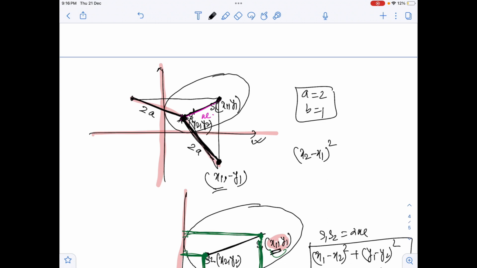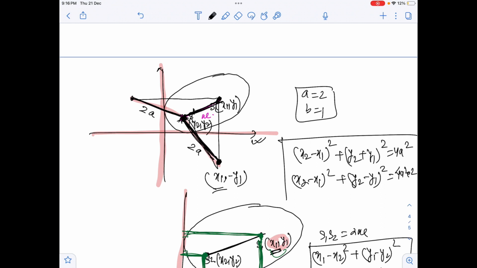What is that? (x2 minus x1) whole square plus (y2 plus y1) whole square is equal to 4a square. The other relation is the distance between them: (x2 minus x1) whole square plus (y2 minus y1) whole square is 4a square e square. So using both of these relations, and moreover you have one more relation if you want.